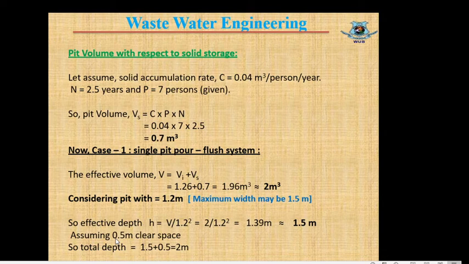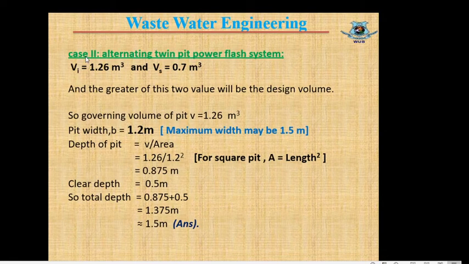Now we will see what will be the size and depth of the pit if we use a twin pit latrine. Here case 2, alternating twin pit pour flush latrine. There will be a correction, not power, this will be pour flush latrine. Here Vi equal to 1.26 meter cube and Vs equal to 0.7 meter cube, as we have calculated in our previous slide.